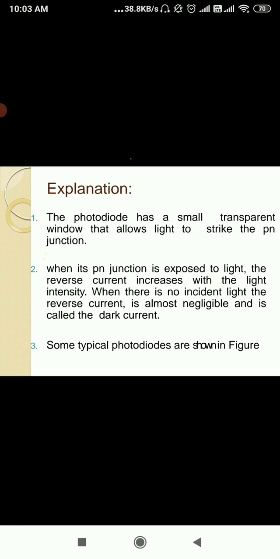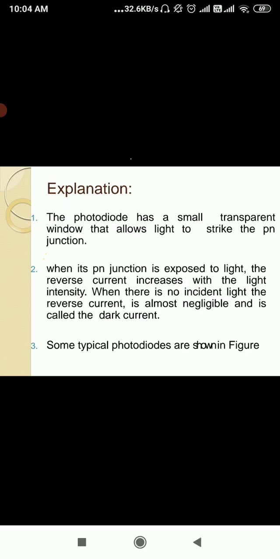So we can say photodiode will allow light to strike the PN junction, and when its PN junction is exposed to the intensity of light, the reverse current will increase with the increase in light. And if there is no light, you will not get any current, and that current we are calling dark current.